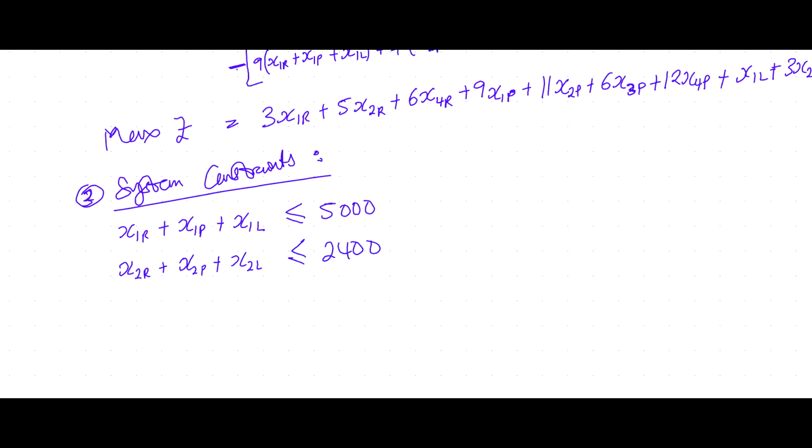Component 3 in regular, component 3 in premium, component 3 in low lead cannot also exceed 4,000. Then we have component 4 in regular, component 4 in premium, and component 4 for low lead, which is the last one, cannot also exceed that.